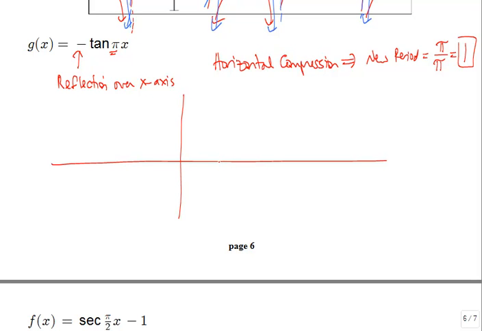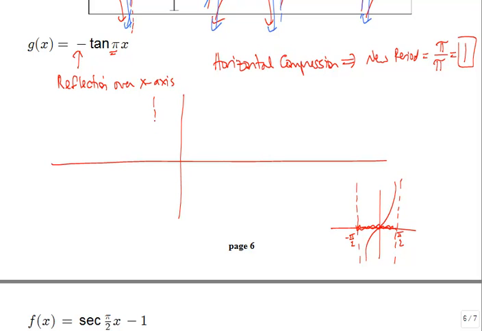Remember that for tangent, normally tangent looks like this with these asymptotes at minus pi over 2 to pi over 2 for a total width across here of pi. Well, now I want that total width going across to be 1.